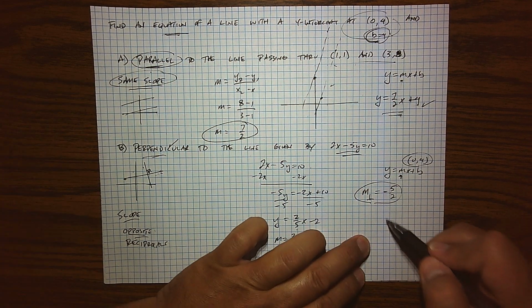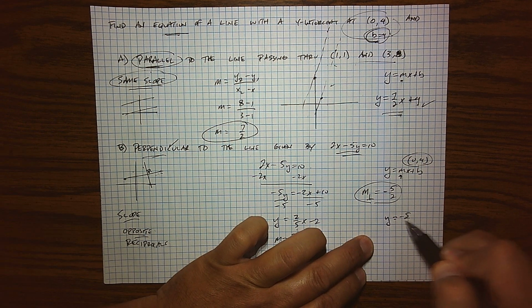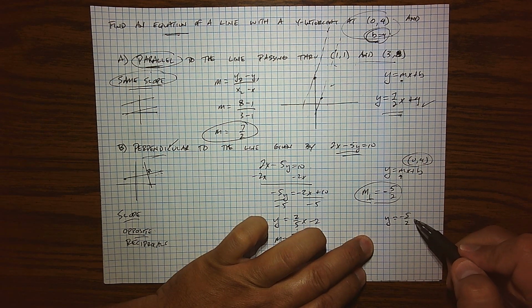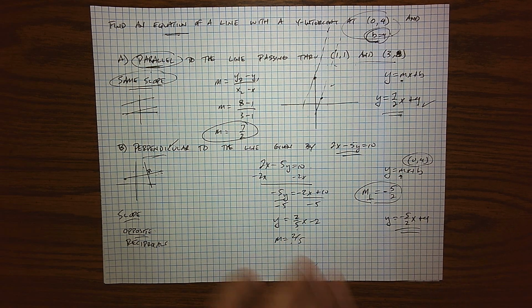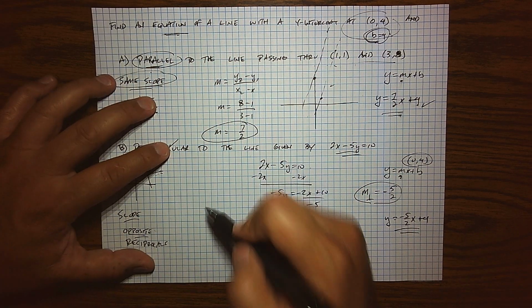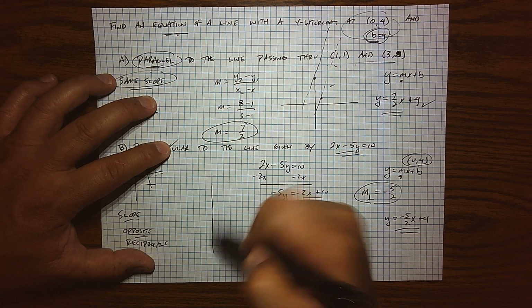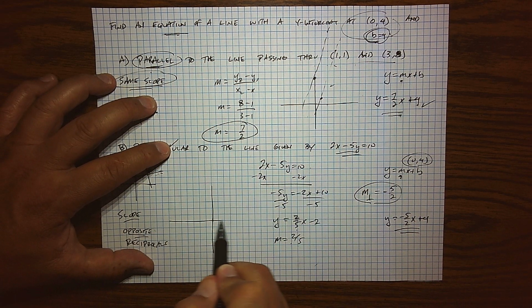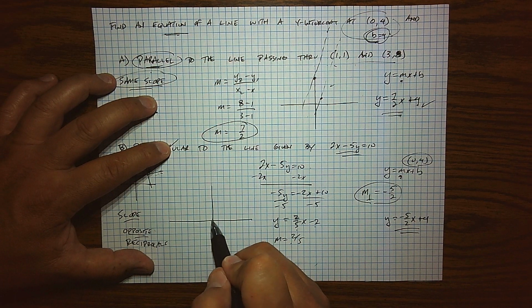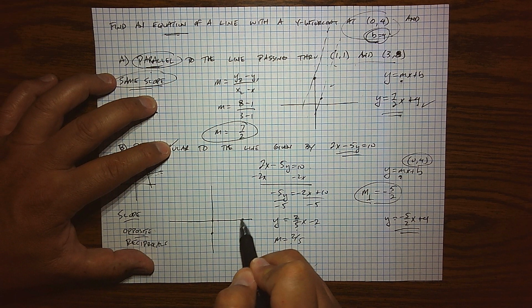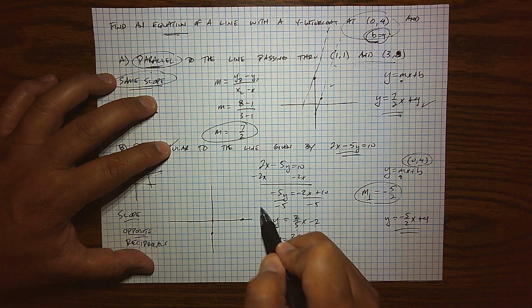Putting this all together, my equation of my line is y equals -5/2 x plus 4. Keep in mind there are two lines here. Let me back up my story. The line that's given has an intercept at (0, -2) and a slope of 2/5. So we'll go up 2 and over 5.